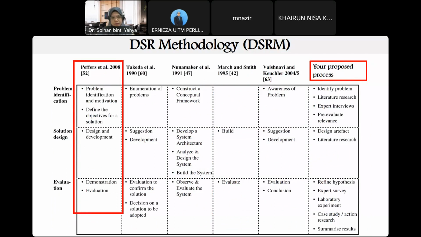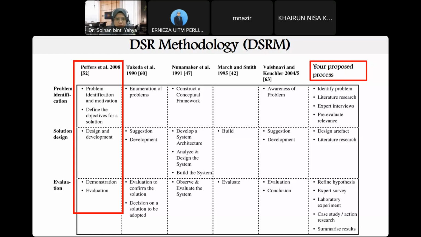Besides using the guidelines by Hevner, we have also another way to build the thesis, using the clear framework of design science researchers. So there are so many process models by Peffers, adopted from Takeda, and so on. But in my thesis supervision, to most of my students, I give very straightforward direction.